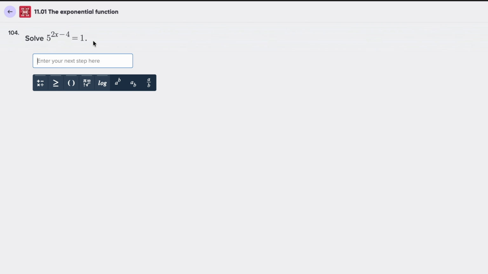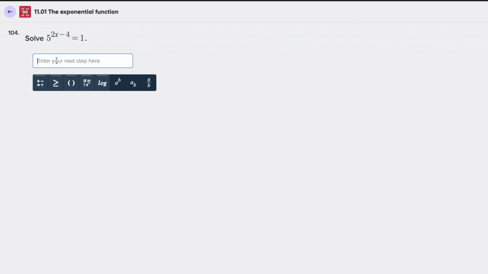Okay, so when you have the right side equal to 1, it's pretty easy to do, because it means that this entire exponent is going to equal 0, because anything to the power of 0 is equal to 1. And the way that it would be equal to 0 is if twice the value of x minus 4 was equal to 0.